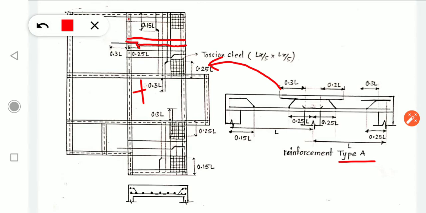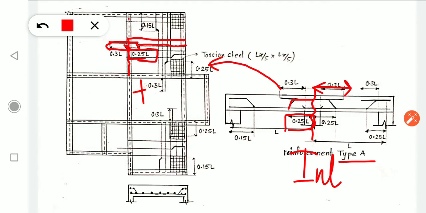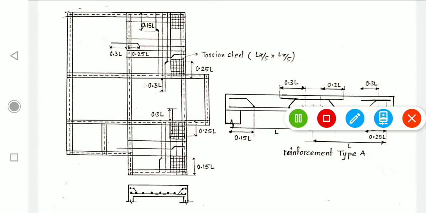The bend will be from the center of your support, at 0.25L for the interior support. And how much distance should you extend it on the other side? On the other side, it should be extended by 0.3L. Now we are done for the interior support.